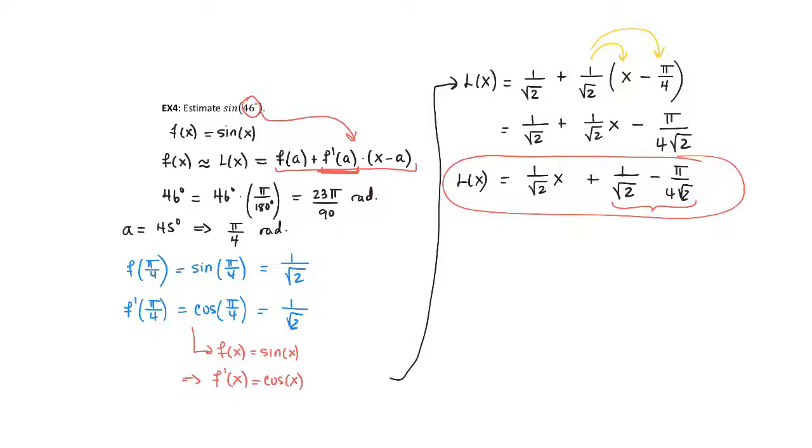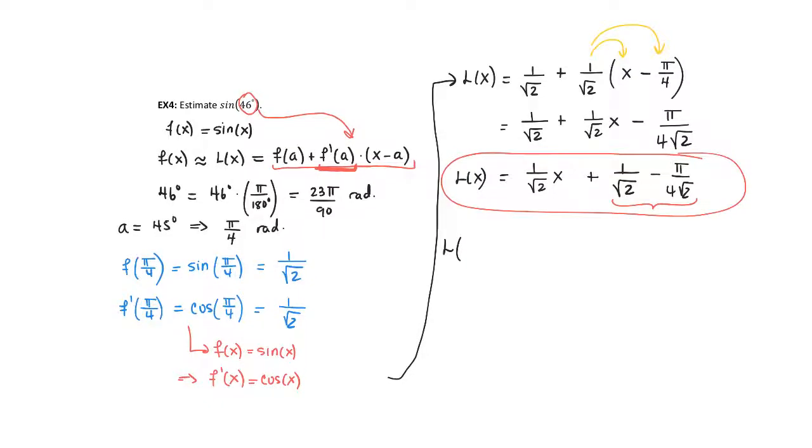Now that I have that, I'm going to use my linear function to do my approximation. 46 degrees, remember we're going to use radians, so I'm not going to say 46 degrees. I'm going to say L of 23 pi over 90.